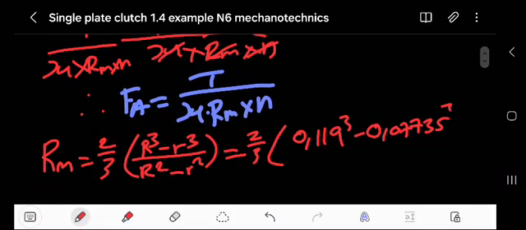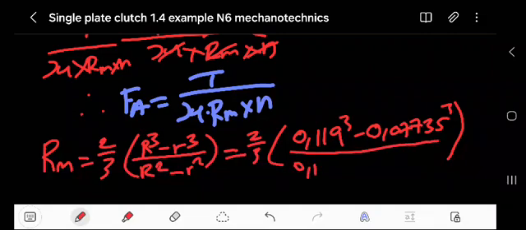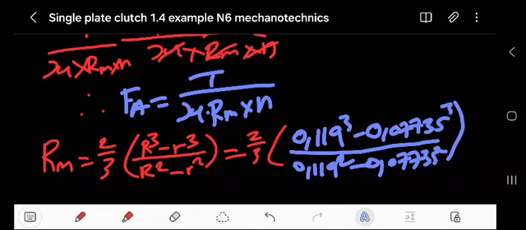Cubed, square that. Then just punch this and see what we can get.